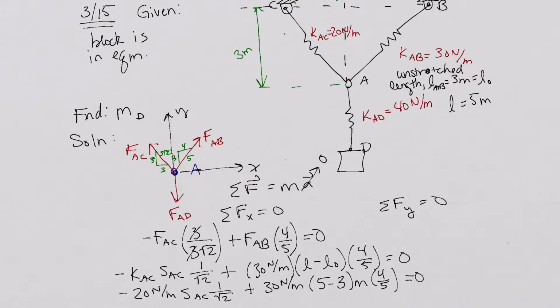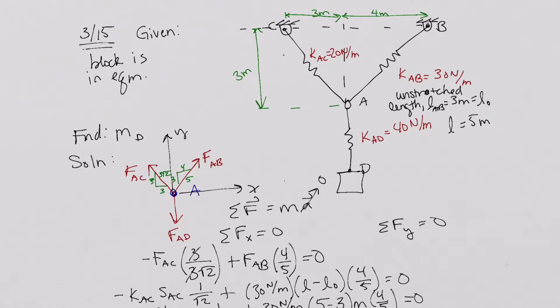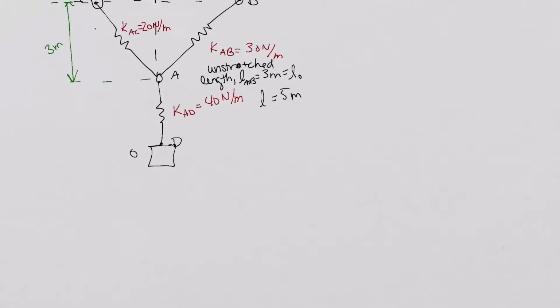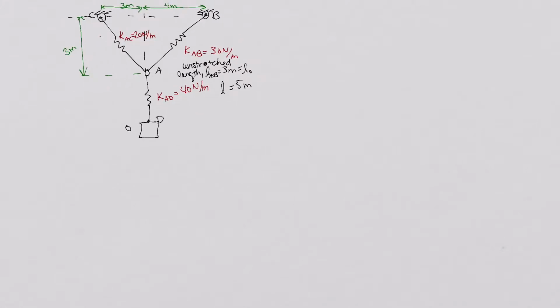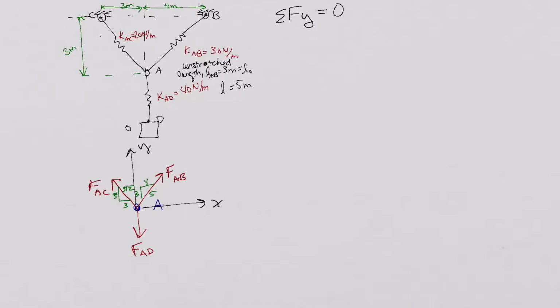Let's also sum the forces in the y direction. I'm going to go to the next page and paste that original diagram on there. Make it a little smaller. So now we're basically just summing the forces in the y direction equals 0. Actually, I did the wrong diagram, so I'm just going to pause it and put the right one in. All right, now I've got the free body diagram.